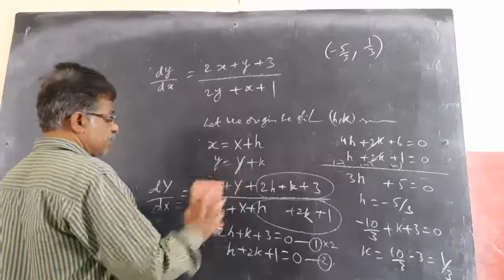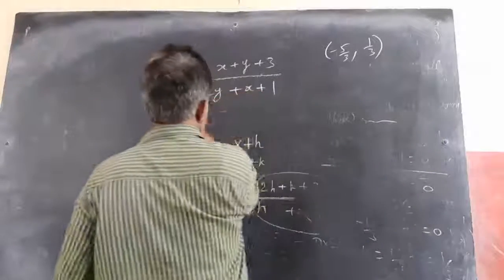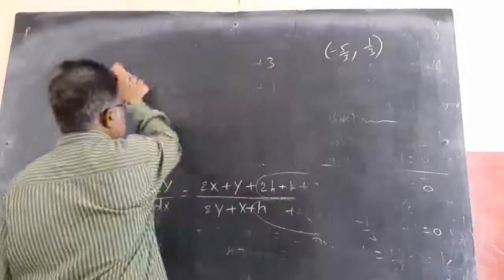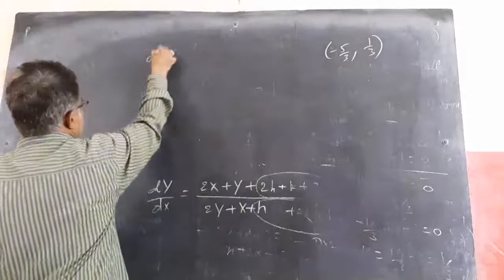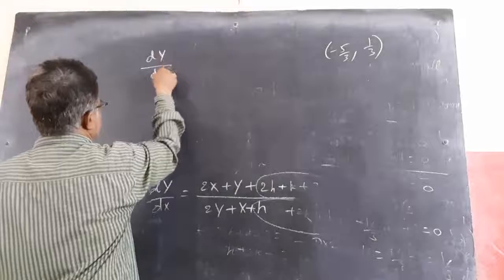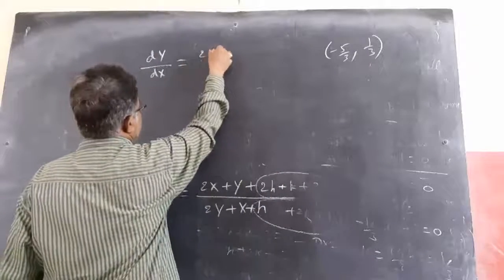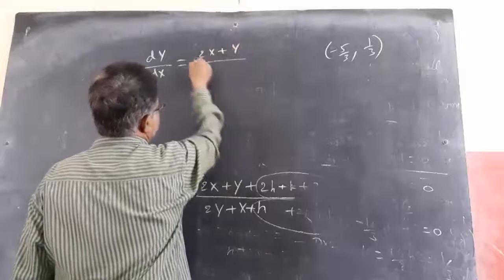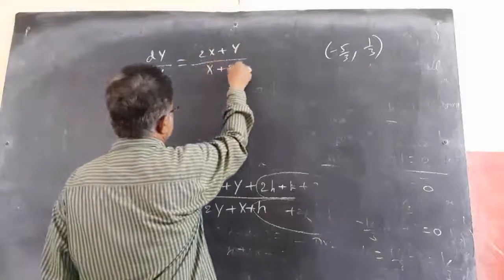Means the equation becomes dy by dx equal to, these two are zeros, means it becomes 2x plus y by 2y plus x, or x plus 2y, doesn't matter.